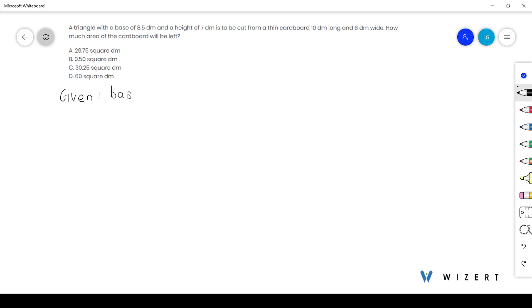base of a triangle is 8.5 decimeters and height of a triangle is 7 decimeters.